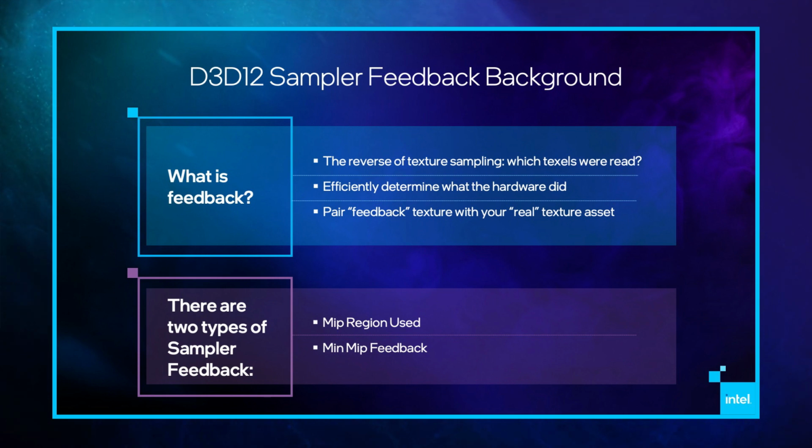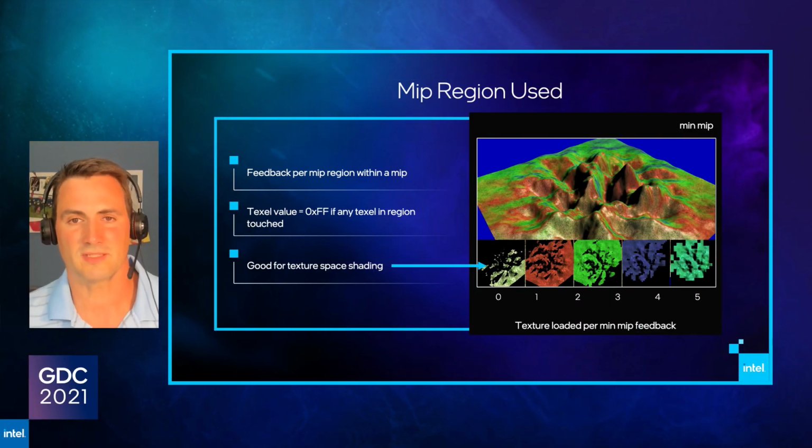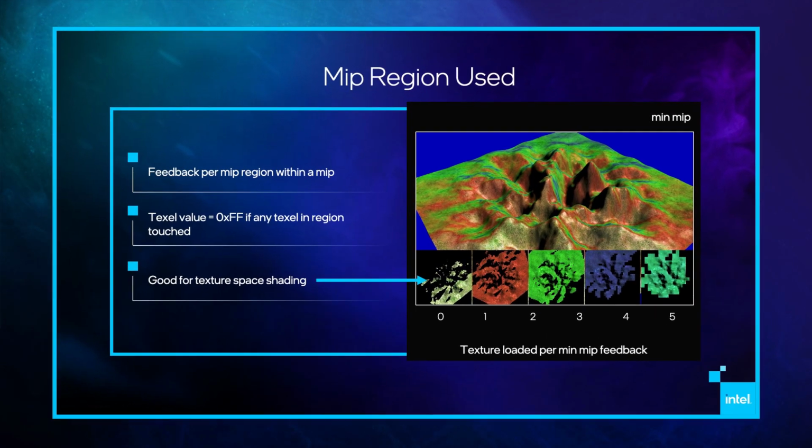Intel's Xe GPU now currently supports both modes of DX12 sampler feedback. MIP region used. This sampler feedback method is very useful for texture space shading. It provides us feedback of whether a MIP region is used within a given MIP in a paired sampler feedback resource.